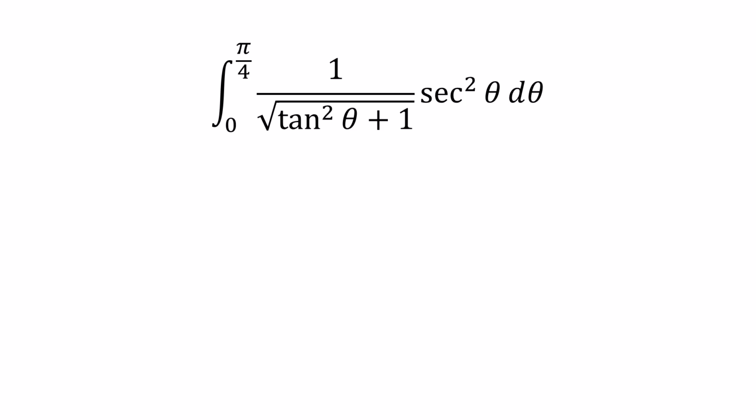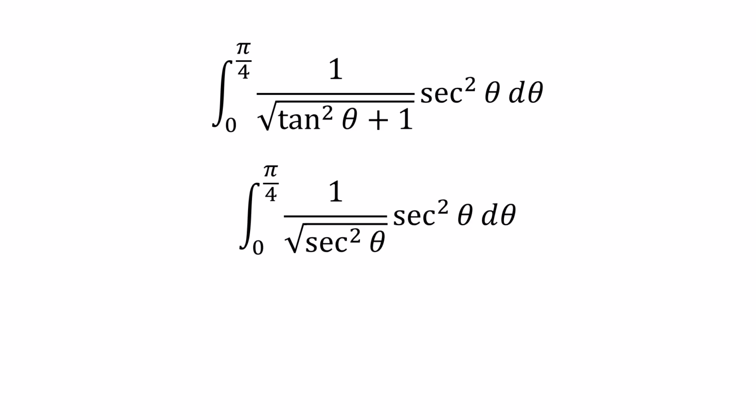Applying the Pythagorean identity, we get the integral from 0 to pi over 4 of 1 over the square root of secant squared of theta, times secant squared of theta d theta.